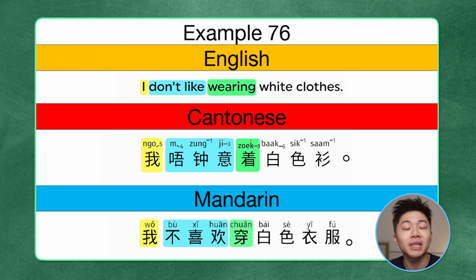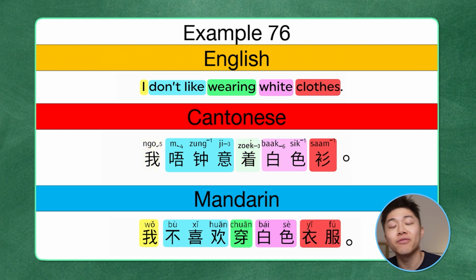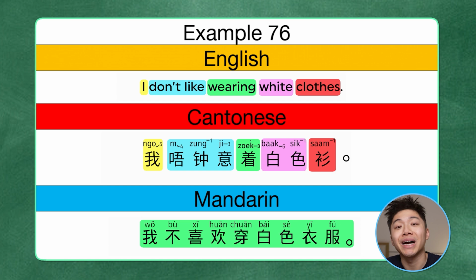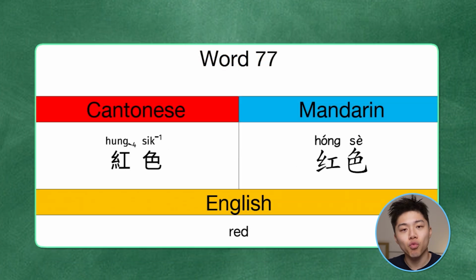In Mandarin, we say 穿. So just different choice of words. 白色 means white. In Mandarin, 白色. And then 衫 means clothes. In Mandarin, 衣服. So 我唔鍾意着白色衫, 我不喜歡穿白色衣服.